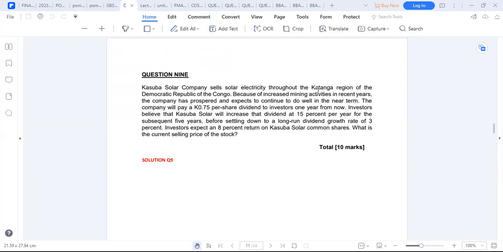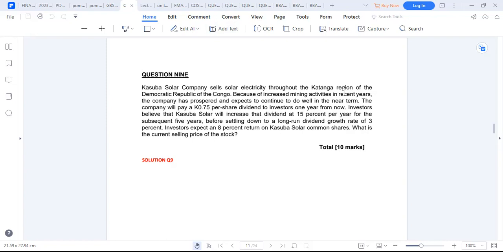So I need you to understand what has been given there. Investors believe Kasuba Solar will increase that dividend at 15% per year for the subsequent 5 years before settling down to the long-run dividend growth of 3%. Investors expect 8% return on Kasuba Solar common shares. What is the selling price of the stock? 10 marks.